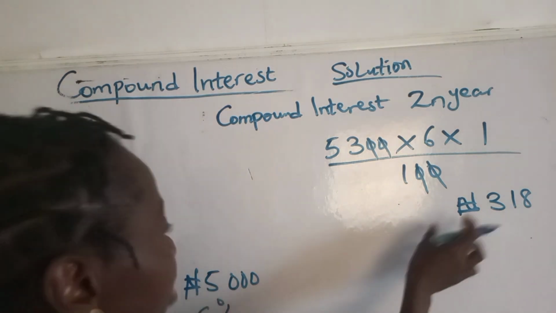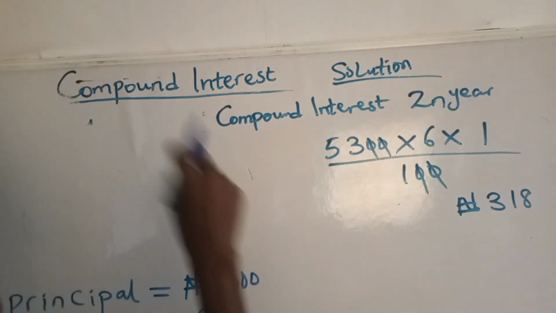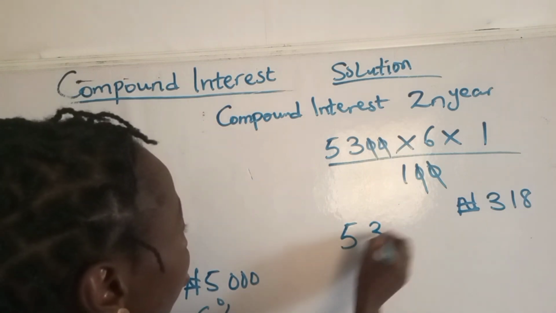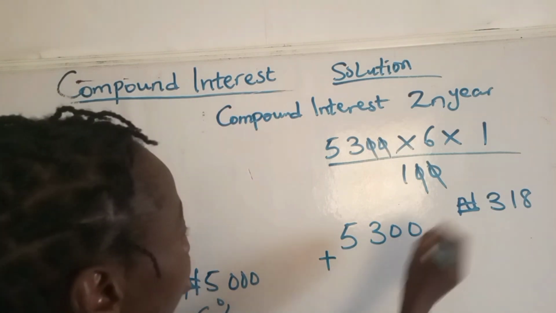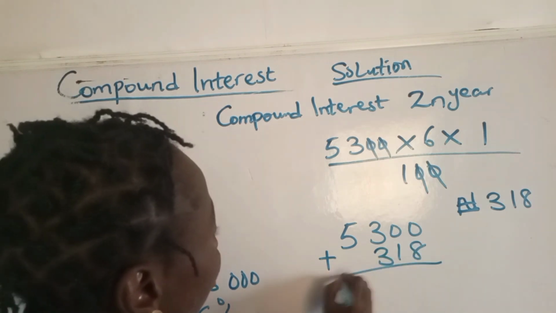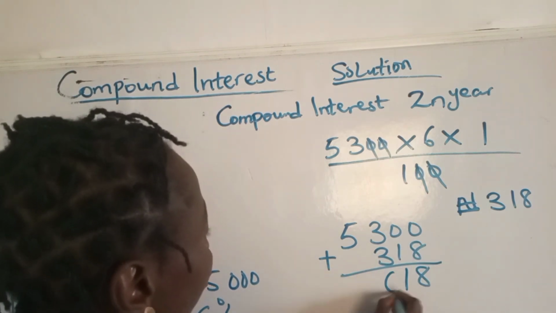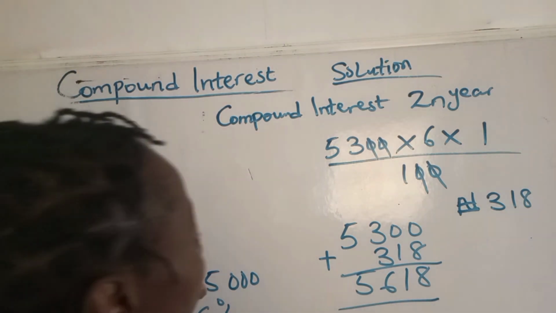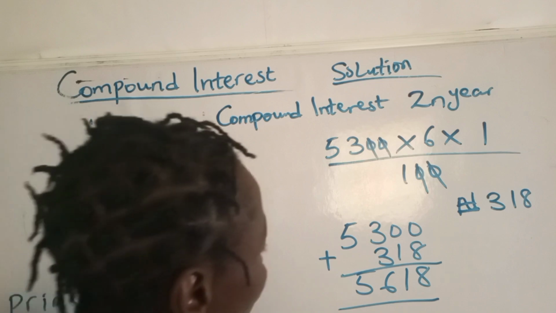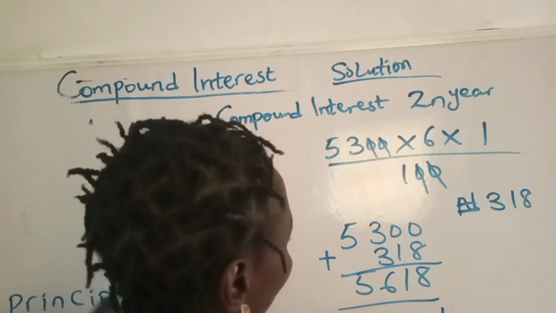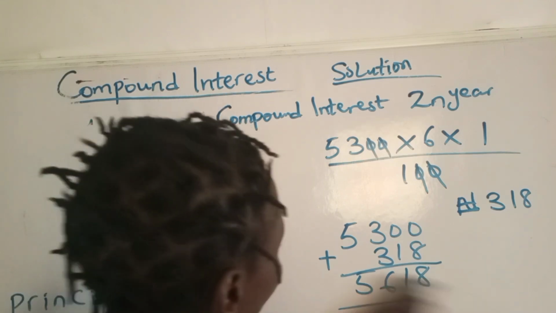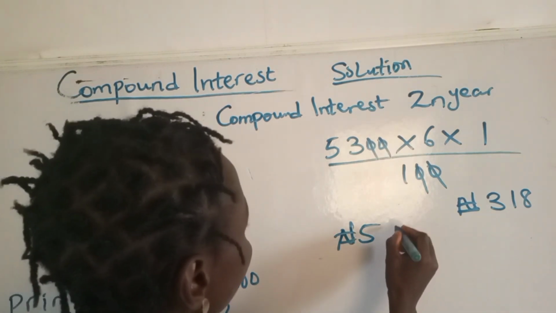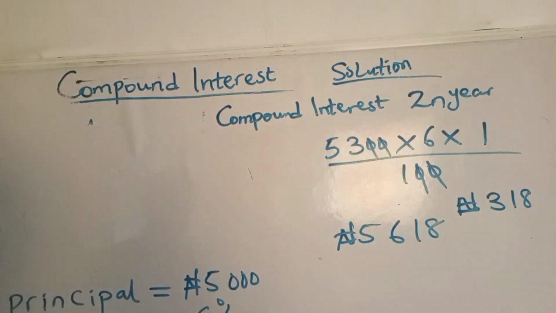We are going to add it to the money we got the first year, which is 5,300. 5,300 plus 318. So the compound interest, the second year, is 5,618.